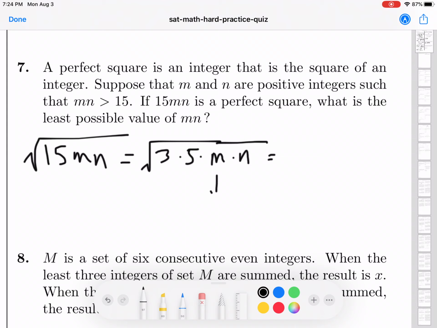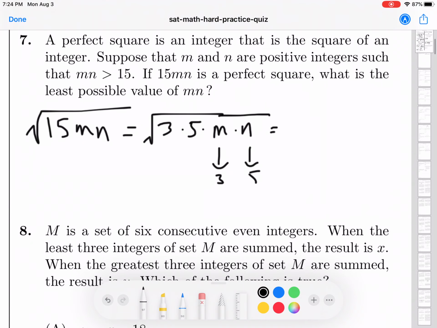So if m is 3 and n is 5, that gives us a whole number. But that leaves us with mn equal to 15, which doesn't work. So we can introduce another number. Maybe m becomes 3 times 2 and n becomes 5 times 2.